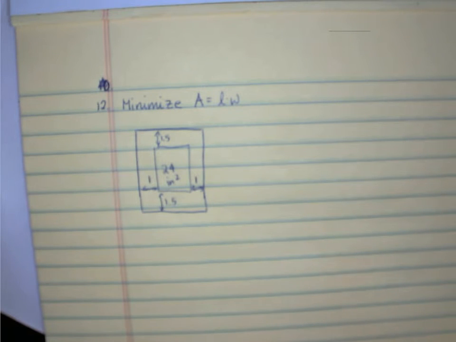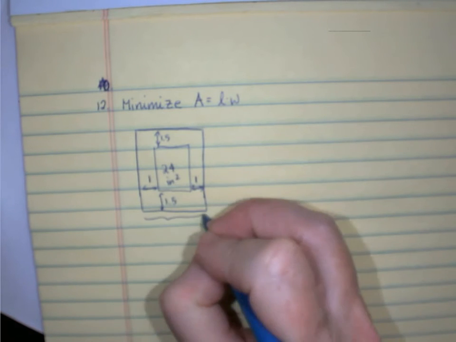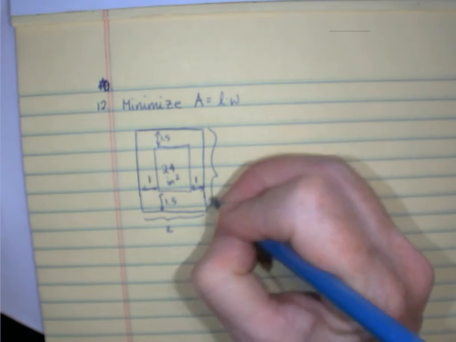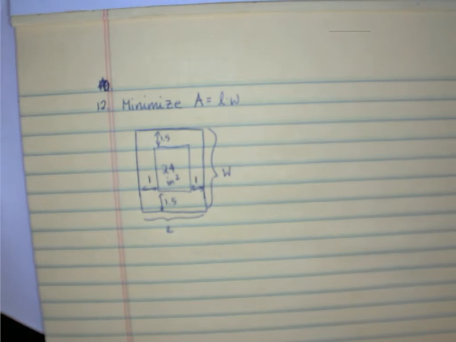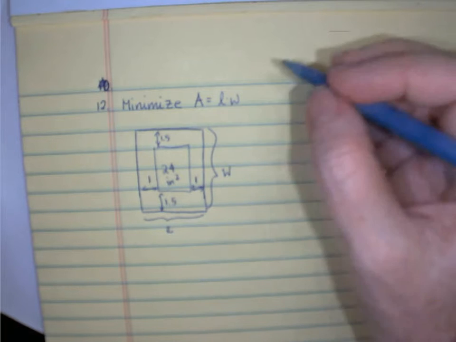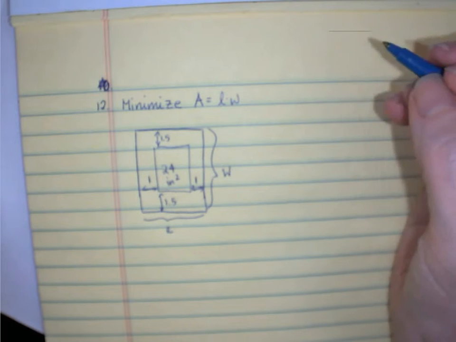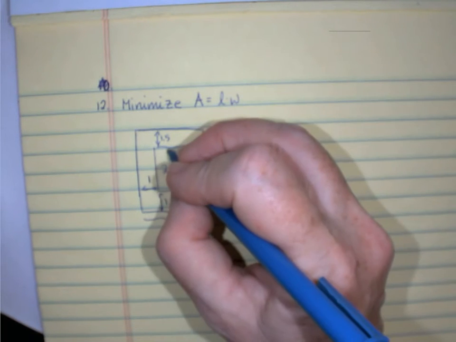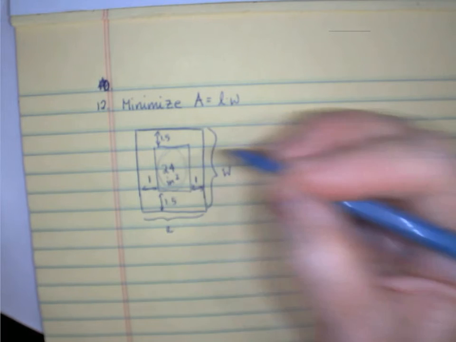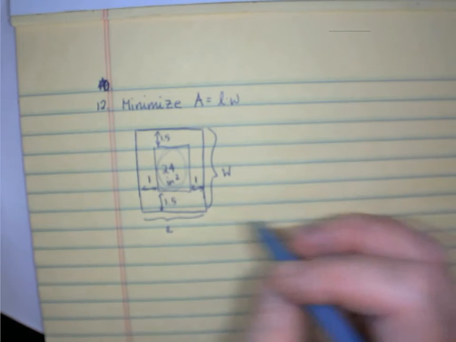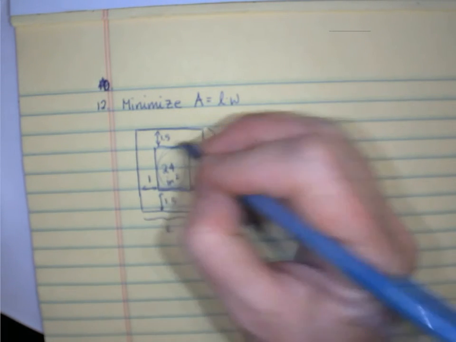And here's what I am going to say. I'm going to say this is my paper, so this is length, and this is the width. Okay, so I'm trying to minimize that, and what I also know is that I have this 24 square inches that I'm going to use in the center. Well, that's the area of this rectangle.